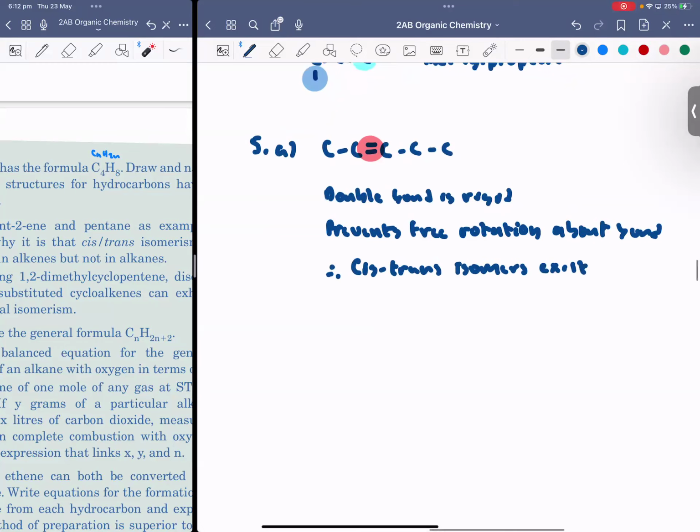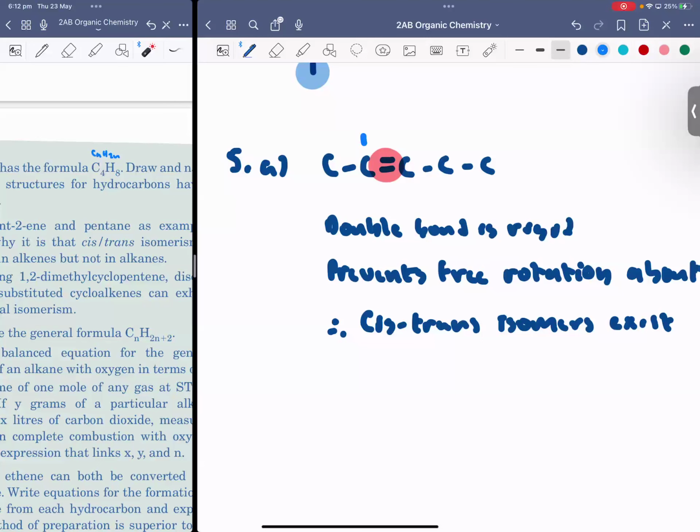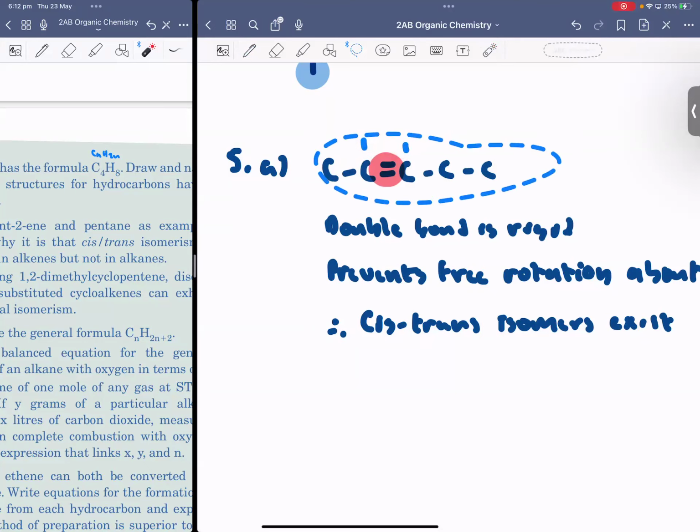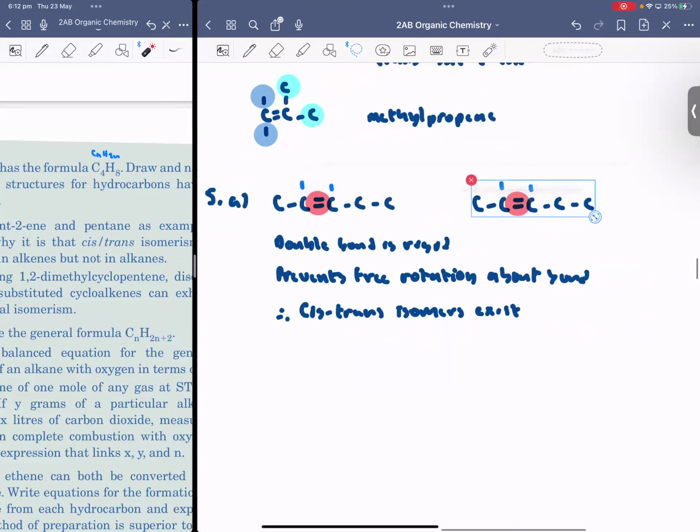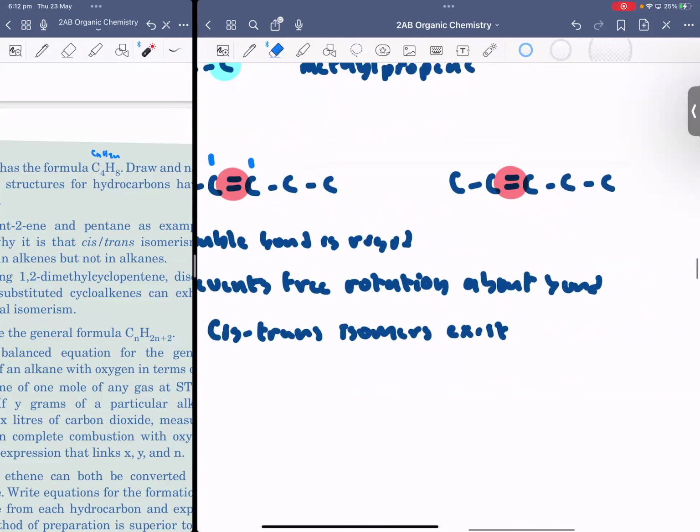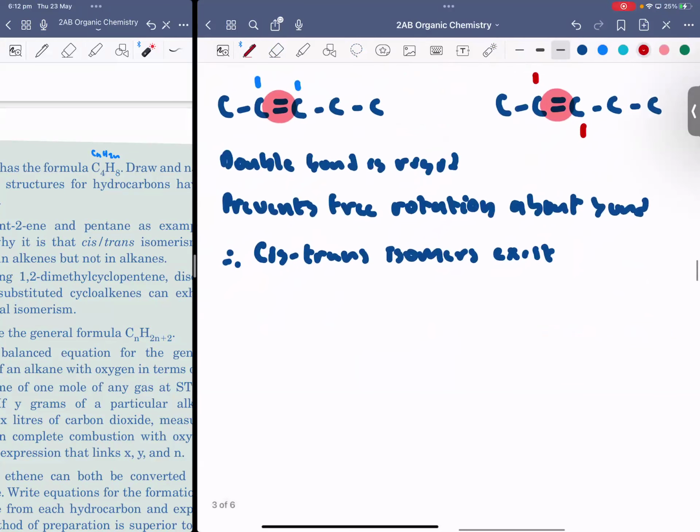All right, and how do they exist? Could you either have hydrogens coming off the same side, or what else? Hydrogens coming off opposite sides. Hydrogens can either come off the same side, or hydrogens can come off opposite sides.